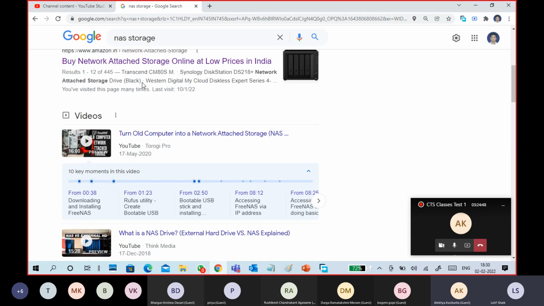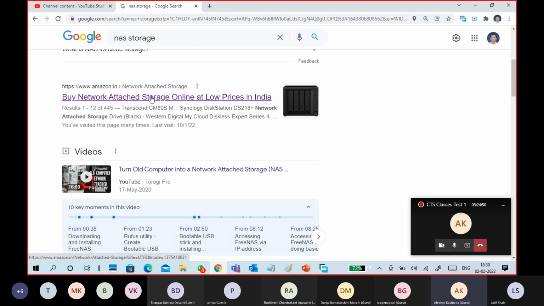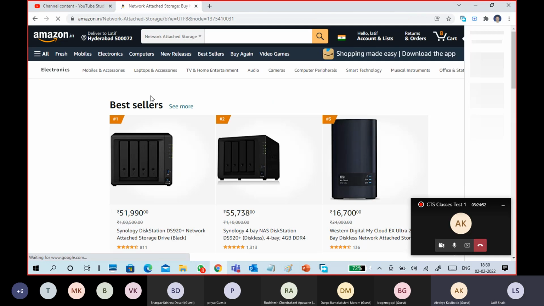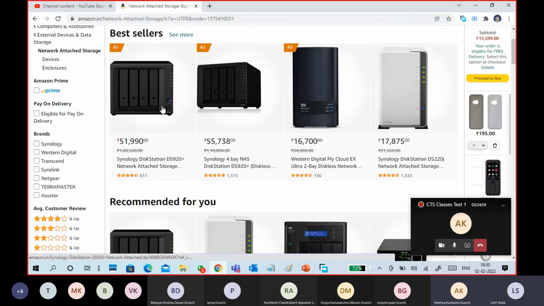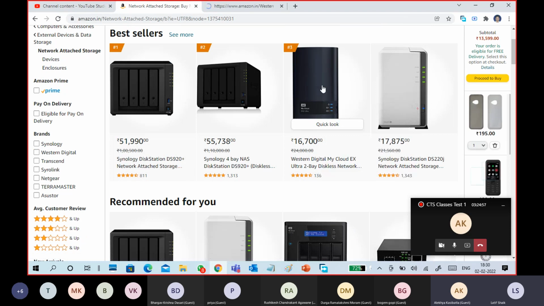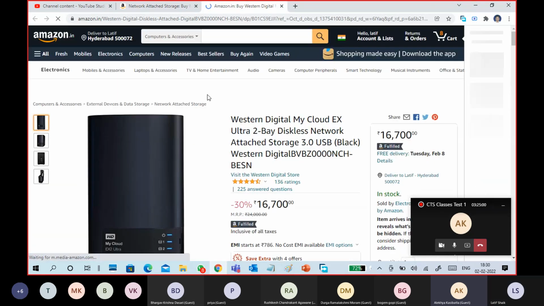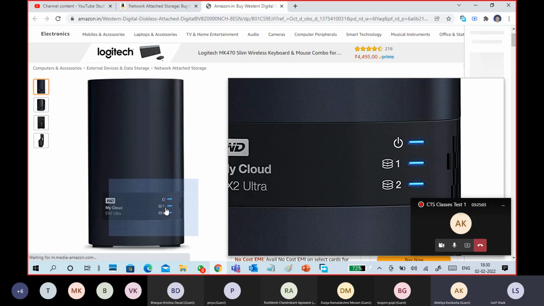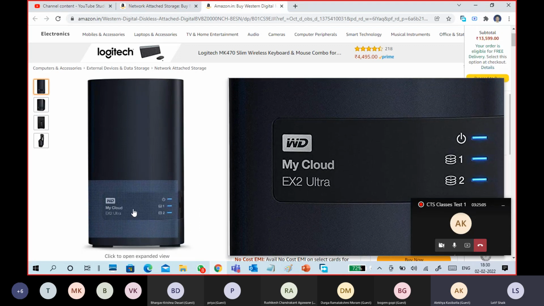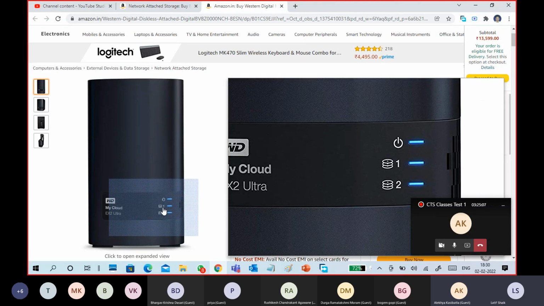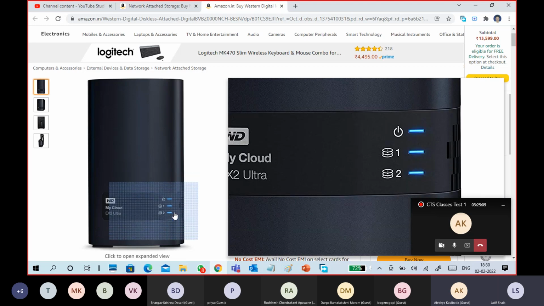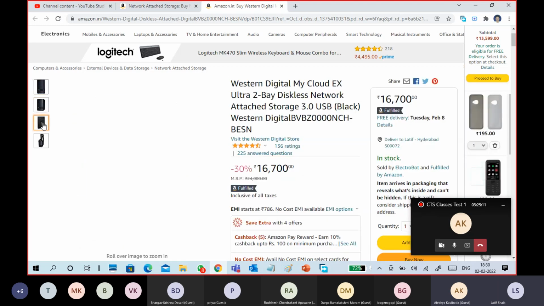Go to anything like Amazon, any e-commerce website, and you can see the NAS boxes. This is a NAS box. I'm going with a small one like this. See, we can insert two hard disks into this My Cloud EX2 Ultra. Power on, disk connector kind of stuff.